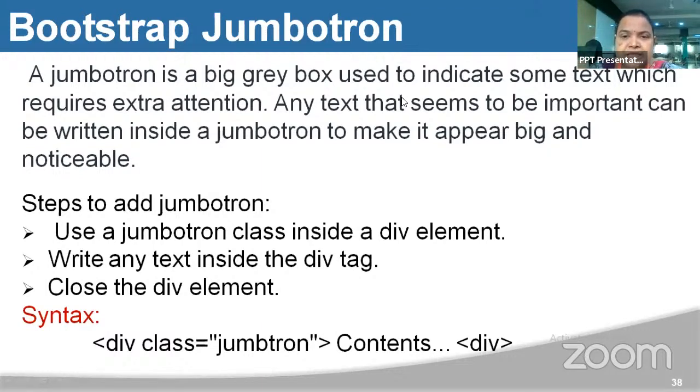In the regular message, you have to display some important things separately. At that time, you are using the Jumbotron option. That is, a Jumbotron is a big gray box used to indicate some text which requires extra attention.